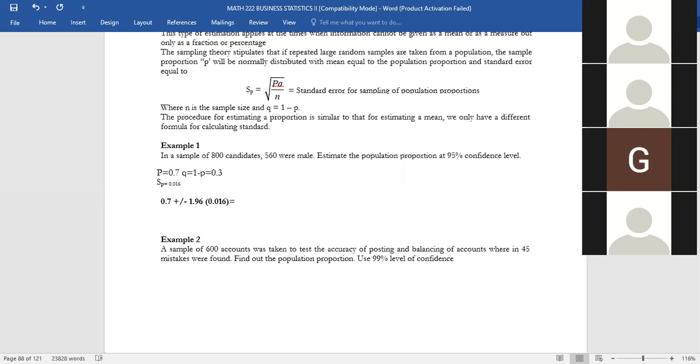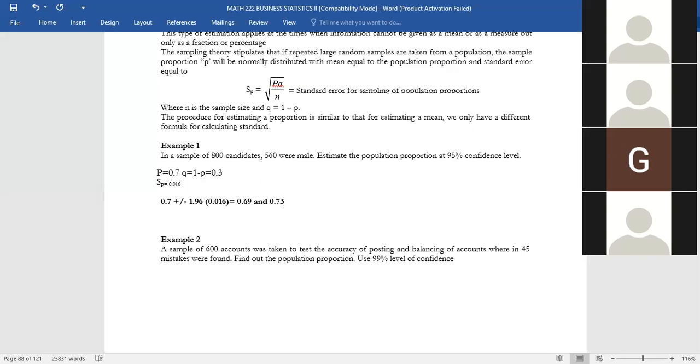The upper limit is 0.73, and the lower limit is 0.69.